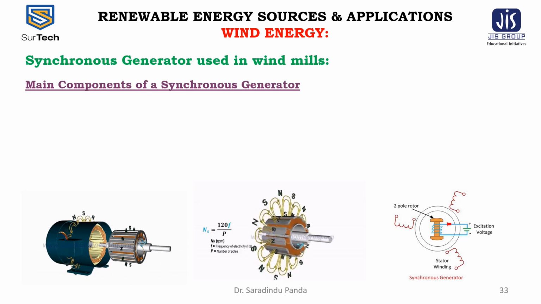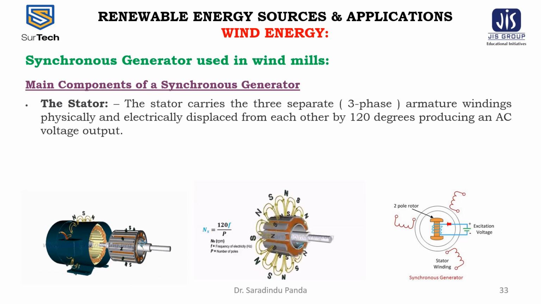The main component of a synchronous generator is the stator. The stator carries the three separate armature windings, physically and electrically displaced from each other by 120 degrees, producing an AC voltage output. These are the stator windings. Three stator windings, 120 degrees separation.